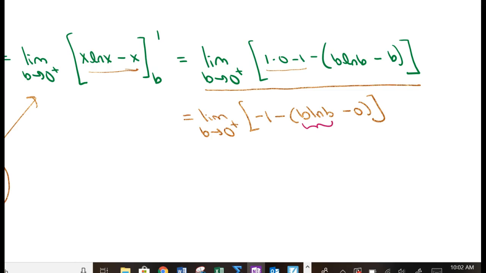As b approaches 0, b times ln b is approaching 0 times -infinity. You have to remember this is an indeterminate form. And so what you have right here in this one question is an integral, an improper integral, and an indeterminate form. Major blast from the past.